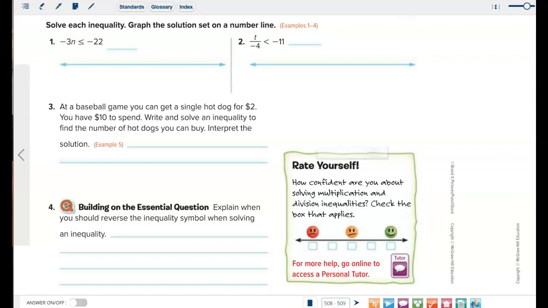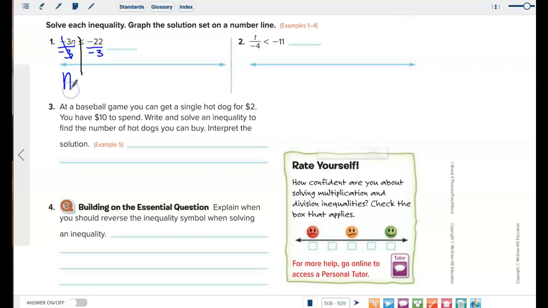So this is where it becomes a little bit different when we talk about inequalities than equations. On number 1, we have negative 3n is less than or equal to negative 22. So I still draw my line, and I do the opposite operation. So the opposite of multiplying is dividing. So I'm going to divide by negative 3, which you do one side, you always do the other.